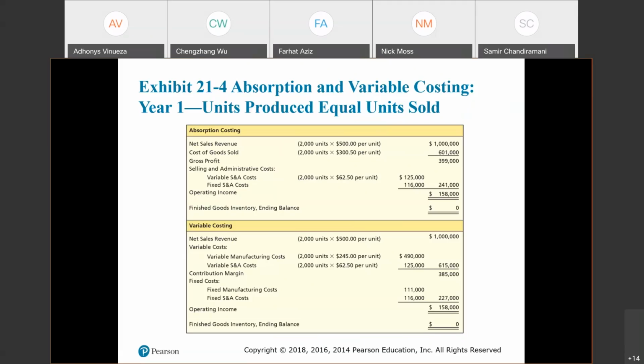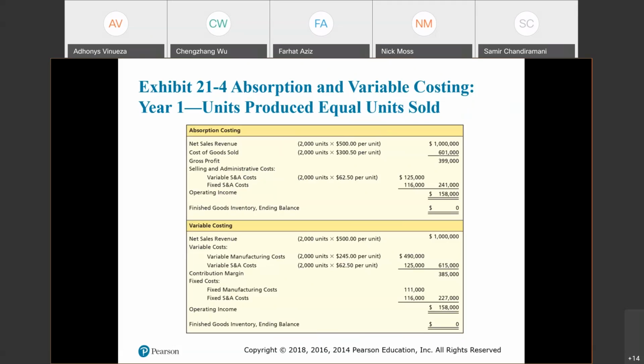In total, the selling and administrative cost is $241,000. Well, in this way, we get the final operating income, which is $158,000.